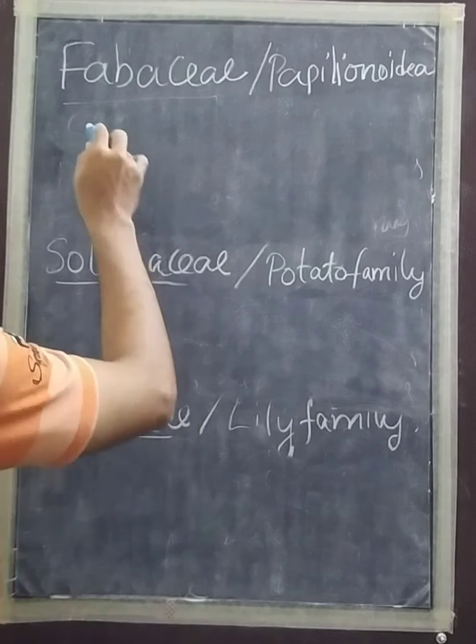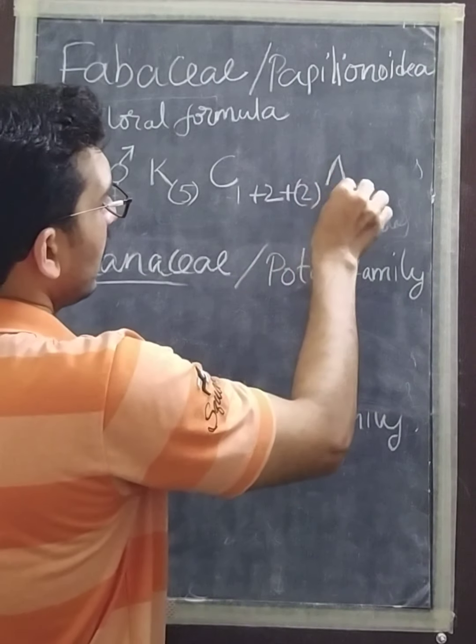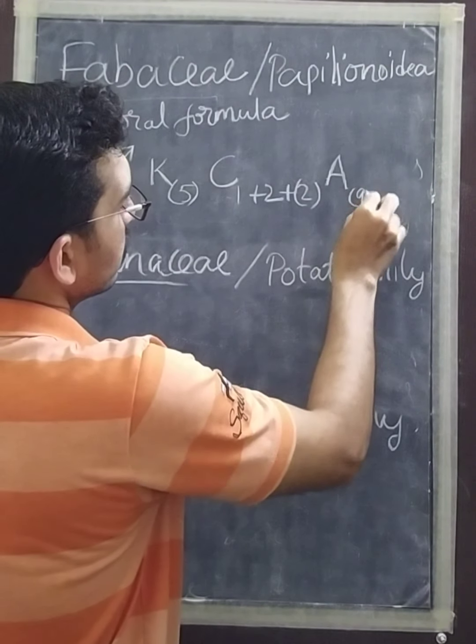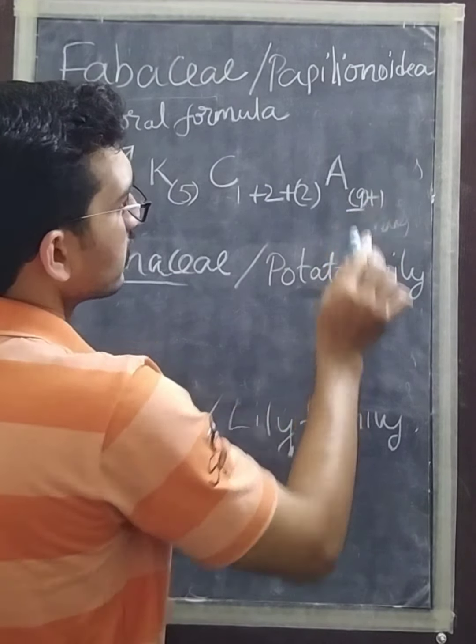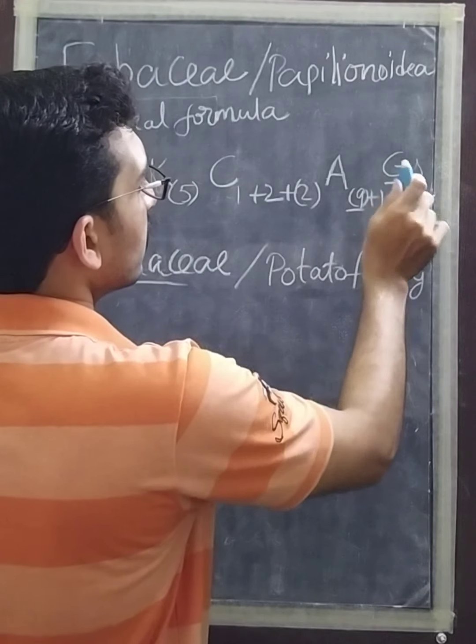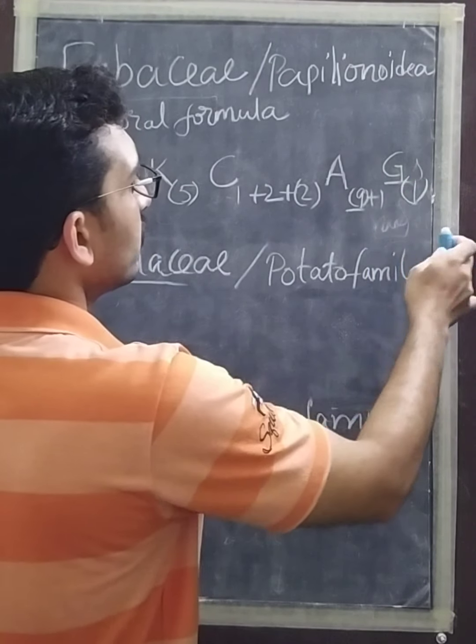Next, the corolla: 1 standard, 2 lateral, and the remaining 2 keel petals, which are united, that's why we put them in a bracket. Next, the androecium, 9 plus 1 arrangement in which 9 are fused to each other. Next, the gynoecium is superior and 1 ovary is present.